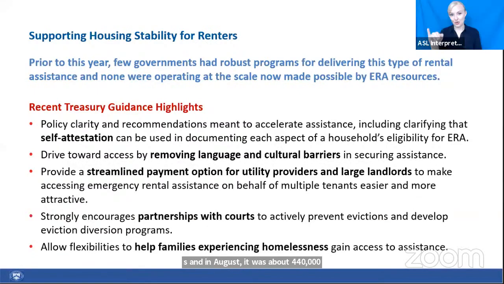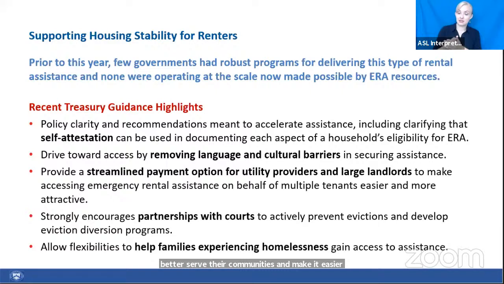So there is growth, there's momentum, and grantees are increasing their ability to support people on the ground in real time. Treasury has leaned in on providing grantees the tools to better serve their communities and make it easier for vulnerable populations to access these funds.